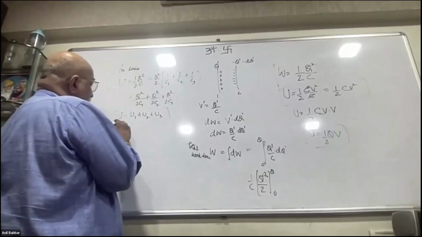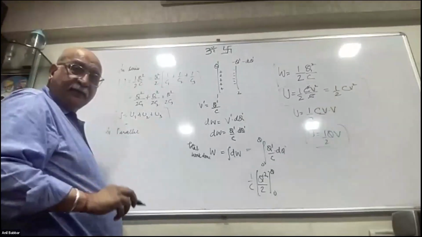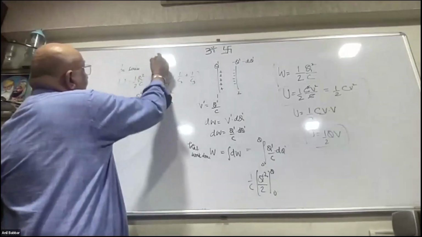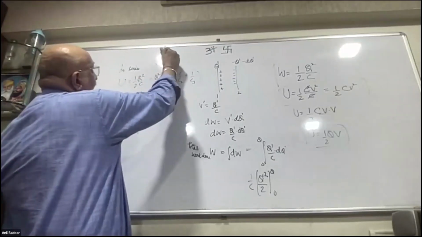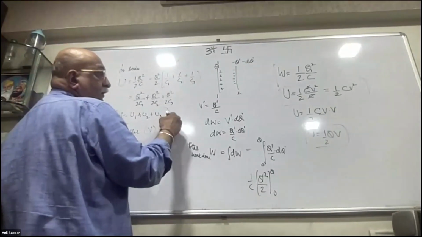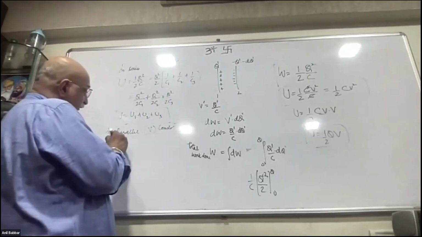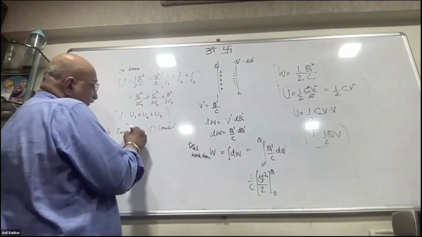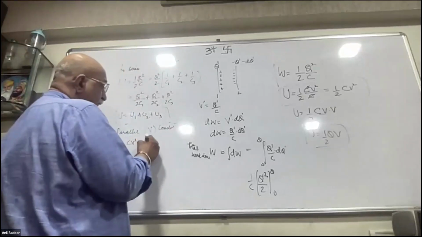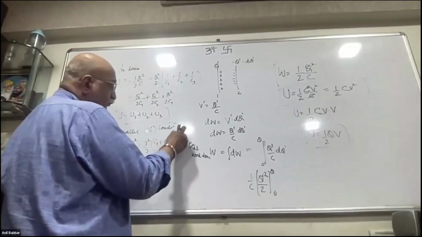Now in case of parallel, what do we have? In series Q is constant, and in parallel we have V constant. So energy U is equal to half CV square. The C can be written as V square by 2 times (C1 plus C2 plus C3).